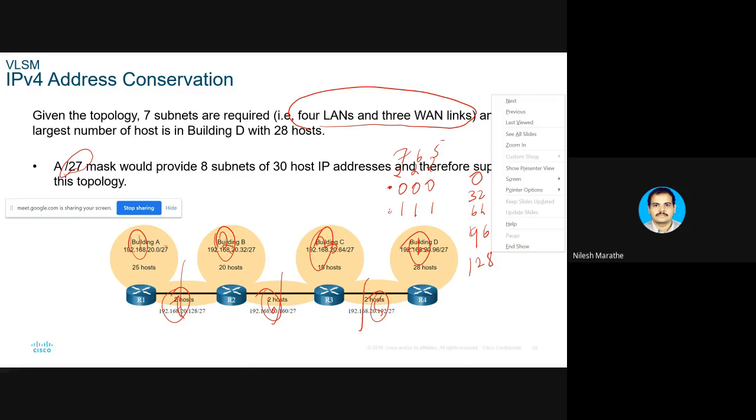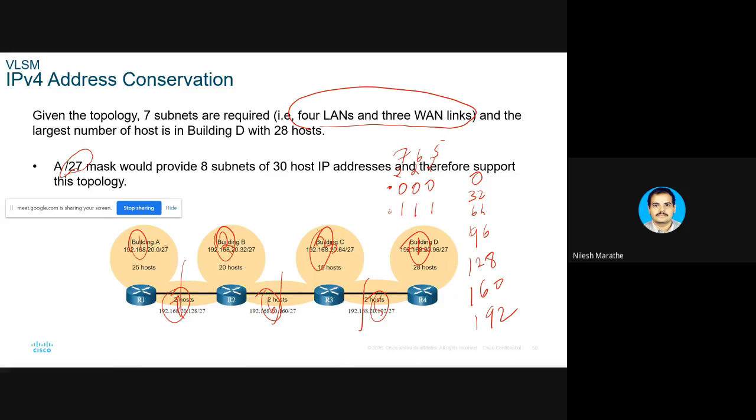Hope I am audible. So this is what we can say divided in 7: 1, 2, 3, 4, 5, 6, 7. One is left over. The last we will remove, the last are still available.